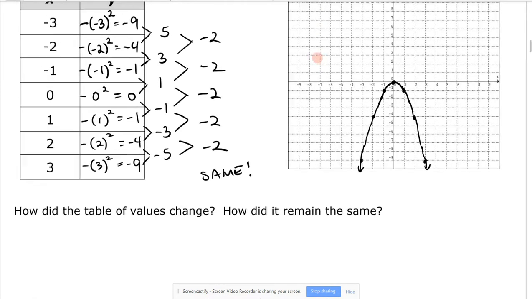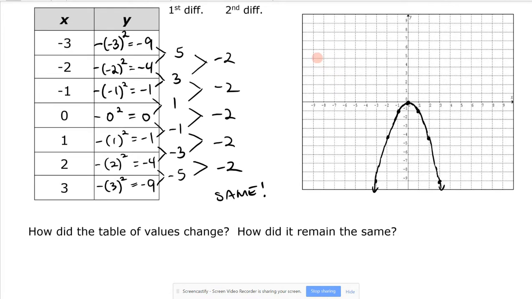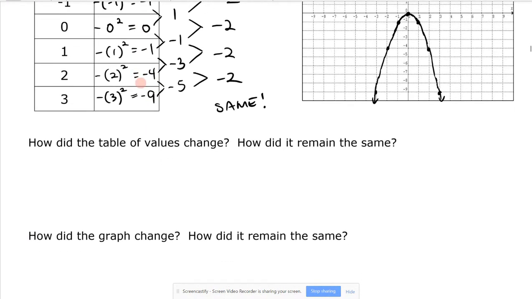So how did the table of values change to reflect that? If you look, all the numbers became negative, but the values themselves remain the same. So 9, 4, 1, 0, 1, 4. Those numbers are still the same, but they just became negative. So how did the table of values change?